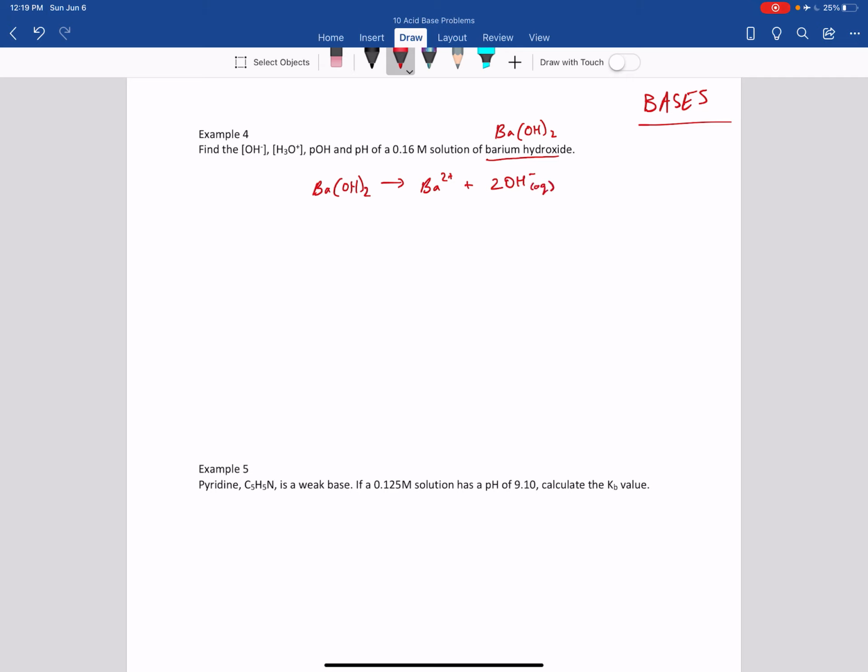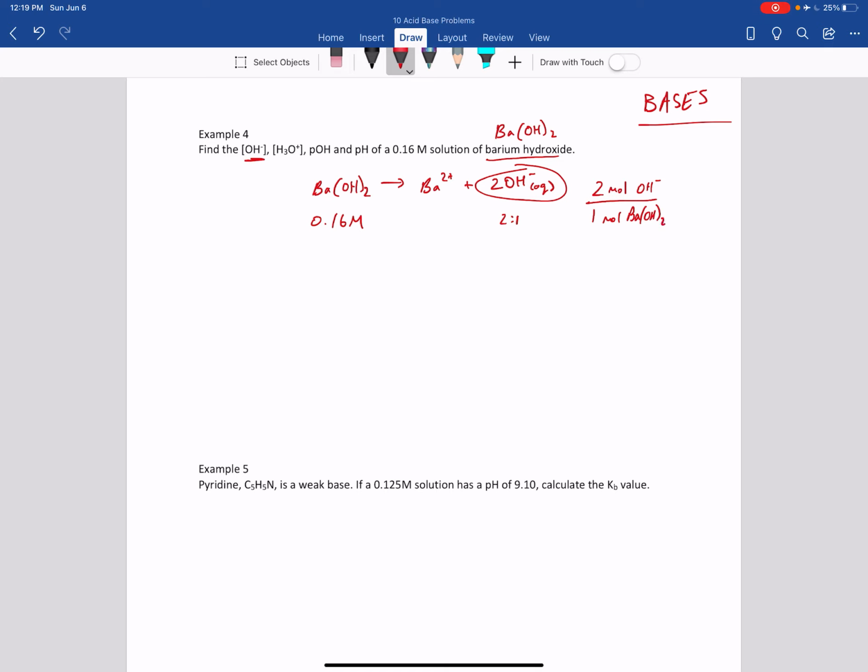Okay, so we're given the initial concentration. Now, for our hydroxide, to figure out the concentration of that, we're only ever interested in hydroxide or hydrogen for pH changes. Metals won't affect it at this point. So you can see that it's a 2-to-1 ratio. What that means is for every 2 moles of hydroxide, there is 1 mole of barium hydroxide.